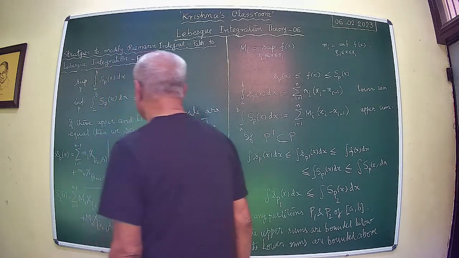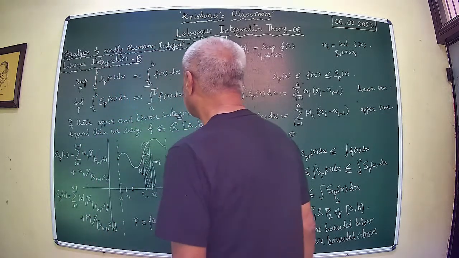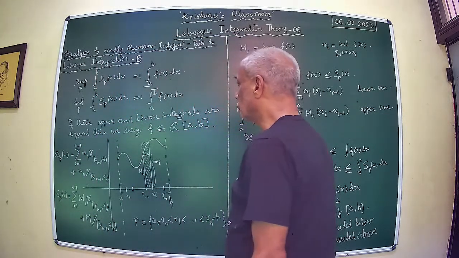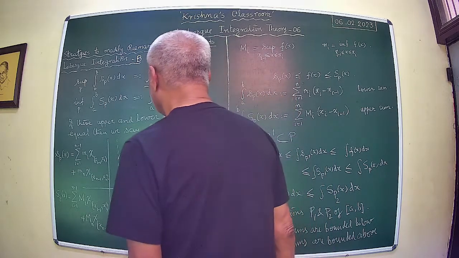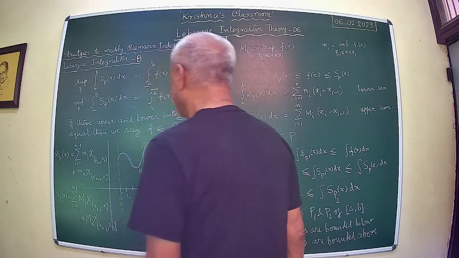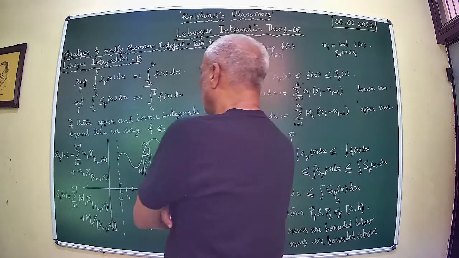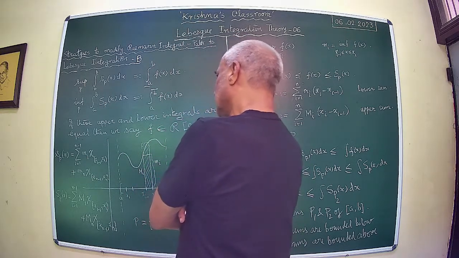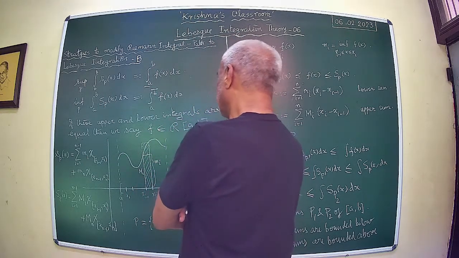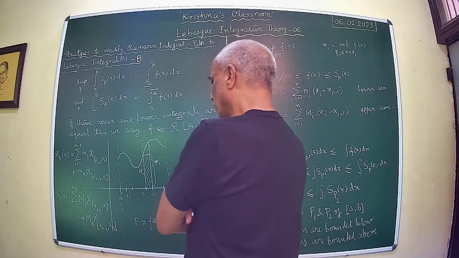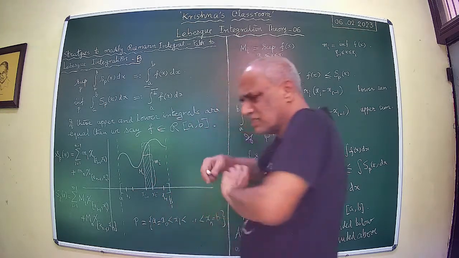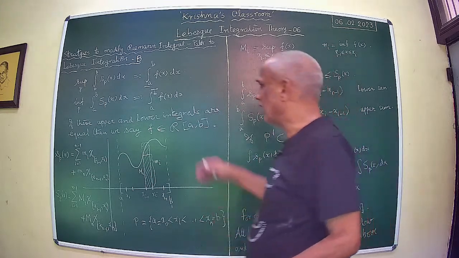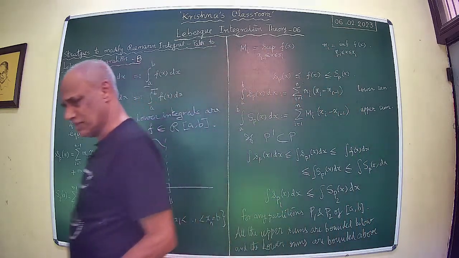The supremum over P of the integral of s_P exists, and the infimum over all P of the integral of S_P exists. They are the lower and upper integrals. So everything is fine, and if they are equal, then everything works.